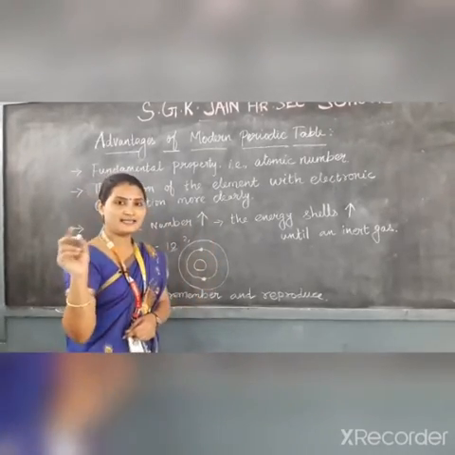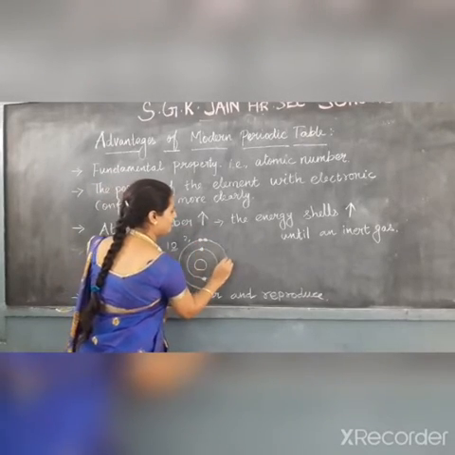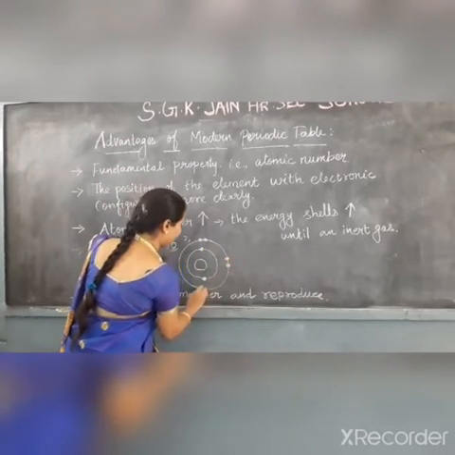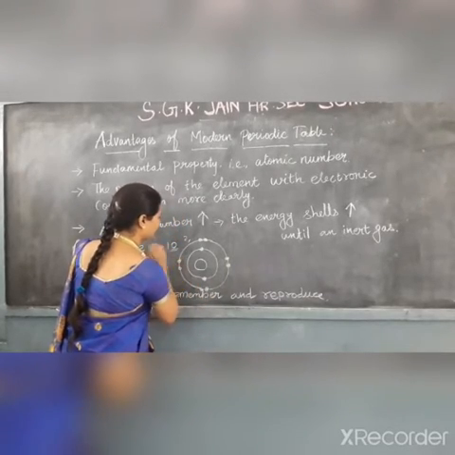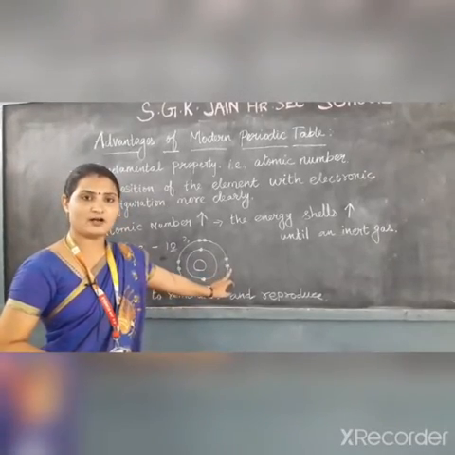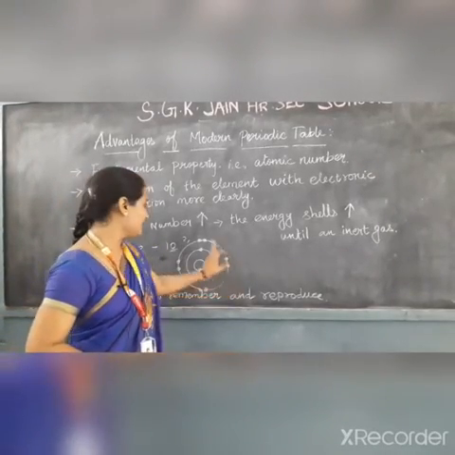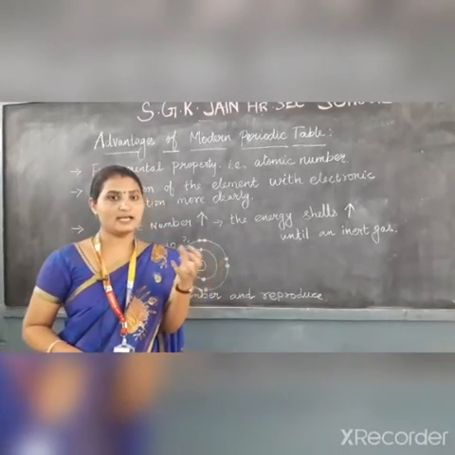There are 8 electrons. So in the second orbit I can fill the remaining 8 electrons. Here it attains a stable electronic configuration. The neon element has a stable electronic configuration.